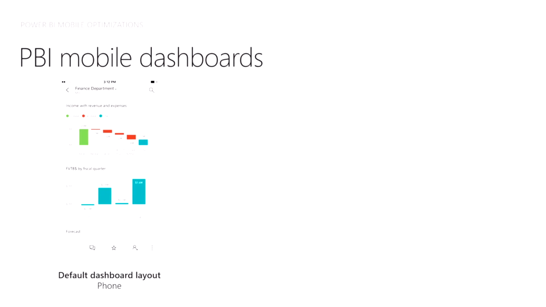So this is the out-of-the-box experience for mobiles. You see the serialized tiles, you get them one after the other. We take them according to the ordering of the web dashboard, and we present them like this.